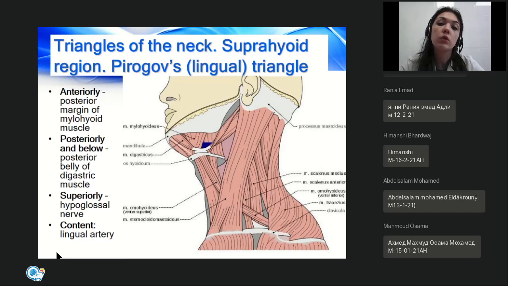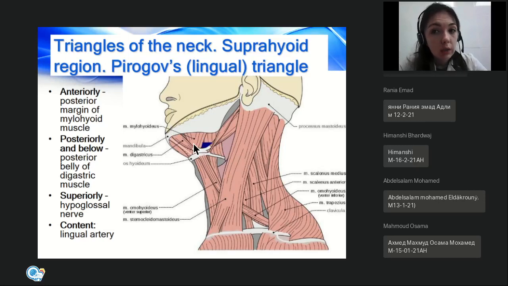It is a very small triangle, and it is located within the boundaries of the submandibular triangle. Anteriorly, it is bounded by the posterior margin of the mylohyoid muscle, posteriorly and below by the posterior belly of the digastric muscle, and superiorly there is the hypoglossal nerve.